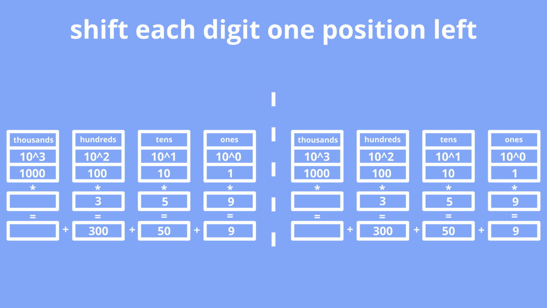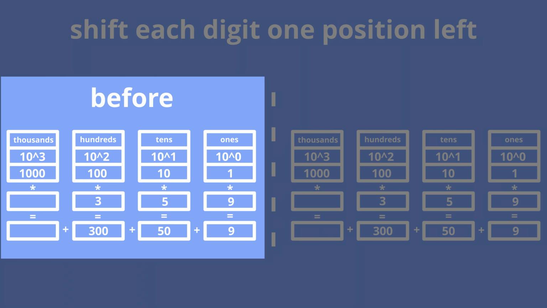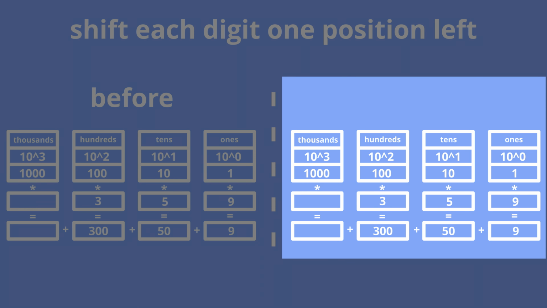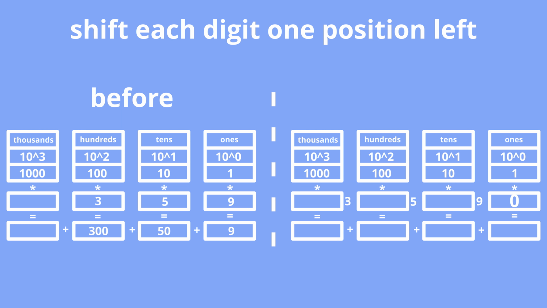Let's take 359 as the base 10 number system example. On the left is the number before the shifting, and on the right will be the number in process and after the shifting. Initially, digit 3 was in the hundreds position, so it represented 300. But after the shifting, digit 3 is in the thousands position and represents 3000, which is 10 times more than previously.